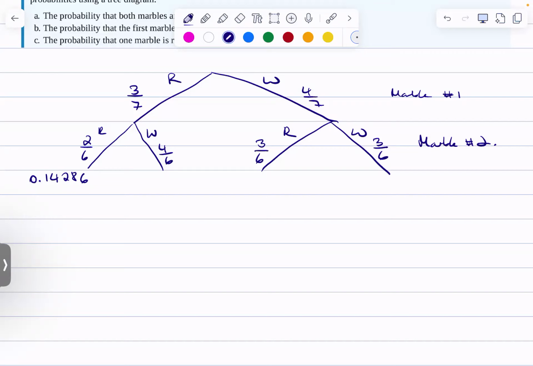For the next branch, 3/7 times 4/6. I get 2/7 or 0.28571. For the next branch, I have 4/7 times 3/6. Get 2/7 again.